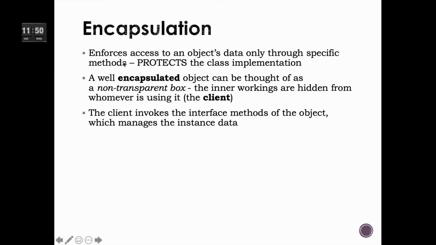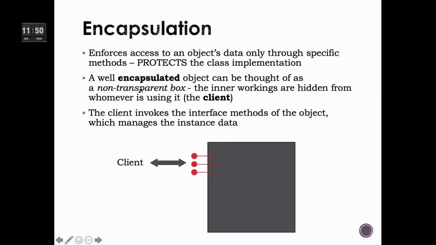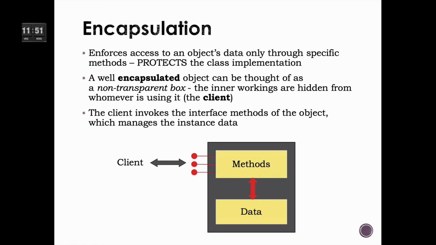By encapsulating an object, it means that we think of it as a non-transparent box. So a client using here our code, the die, cannot actually have access to our variables. It can only have access to methods, and only those methods that we will allow a client to use.